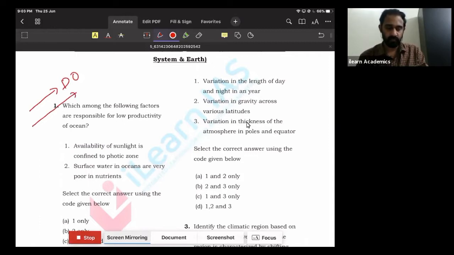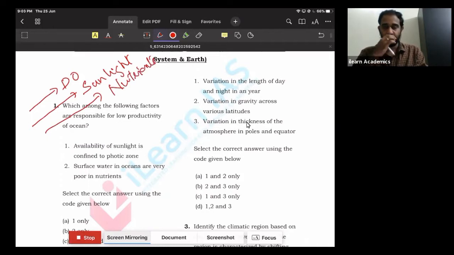Then there is the temperature, then there is the sunlight. Sunlight is again more in the surface layers. Then there are nutrients. Nutrients are mostly found in the bottom layers, near the sea bottom. So wherever all the three are available, there will be high productivity.